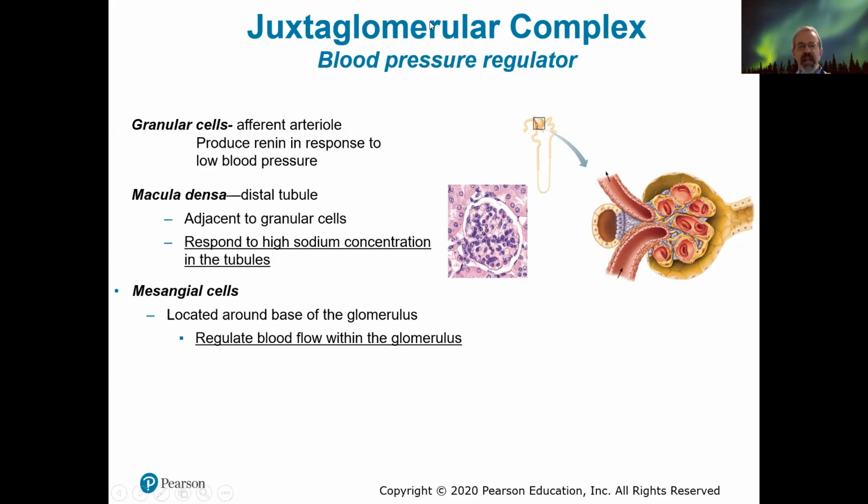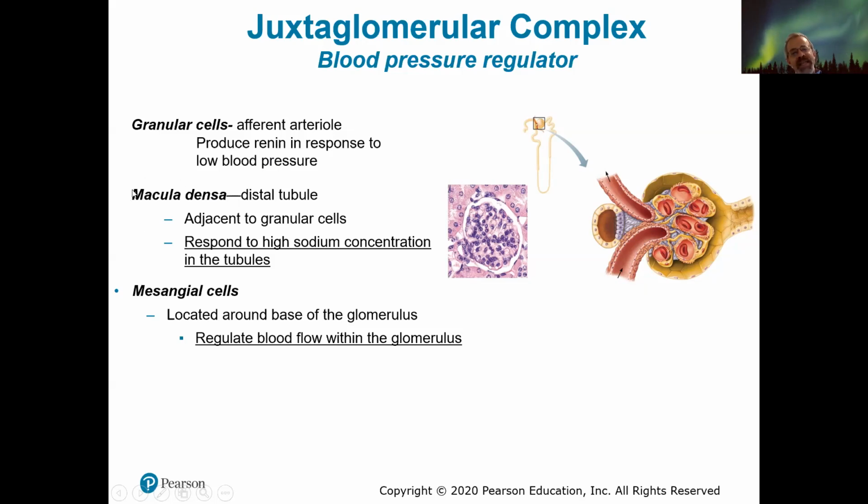The granular cells produce an enzyme called renin in response to low blood pressure. So if blood pressure coming into the kidneys is low, renin is produced, which helps to increase blood pressure. In physiology, we go over how it does it.